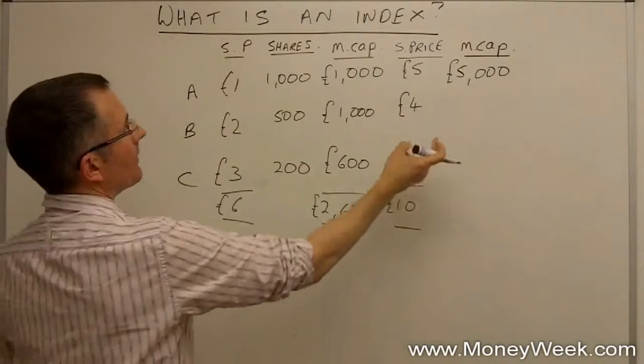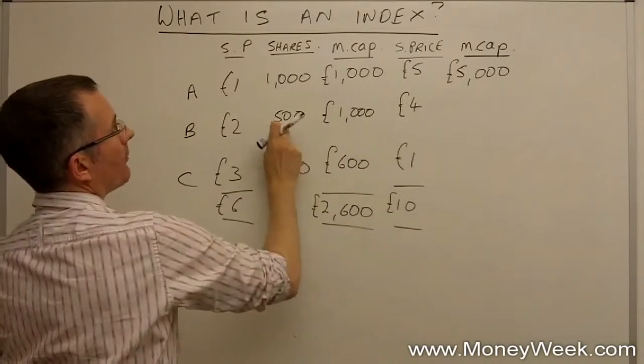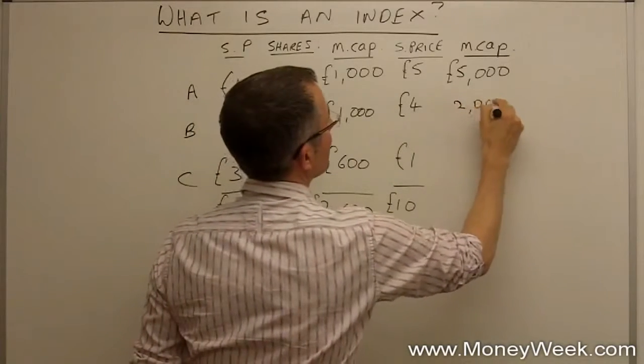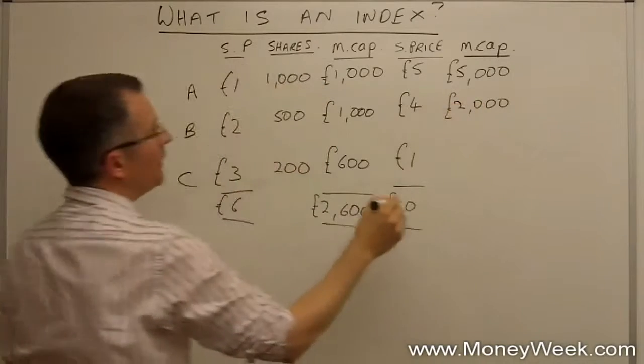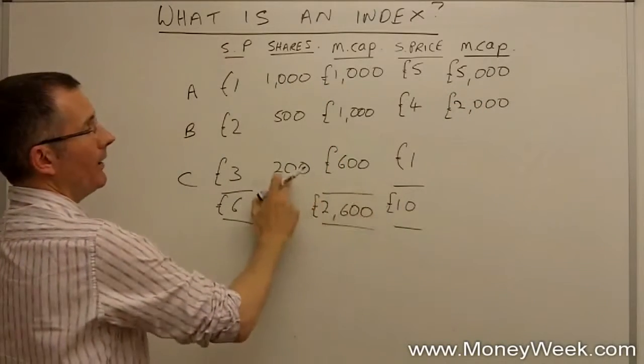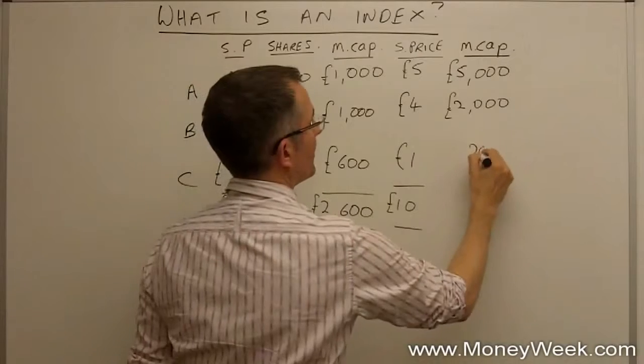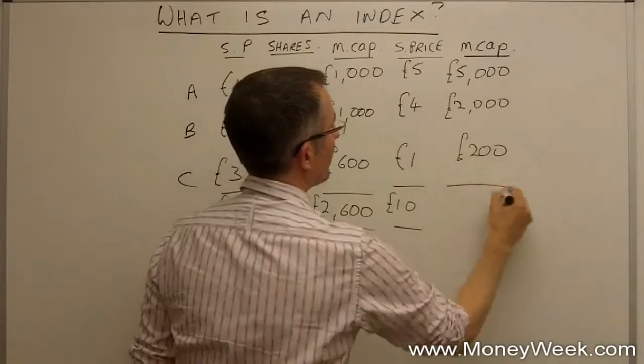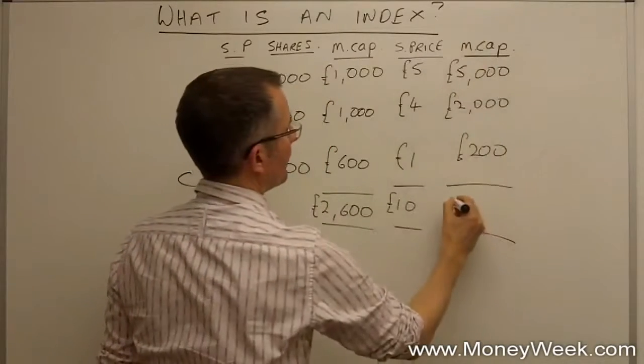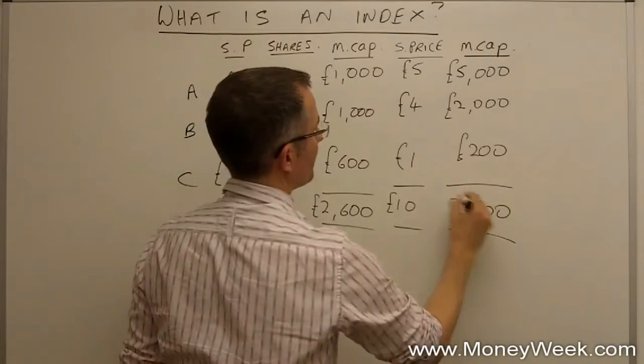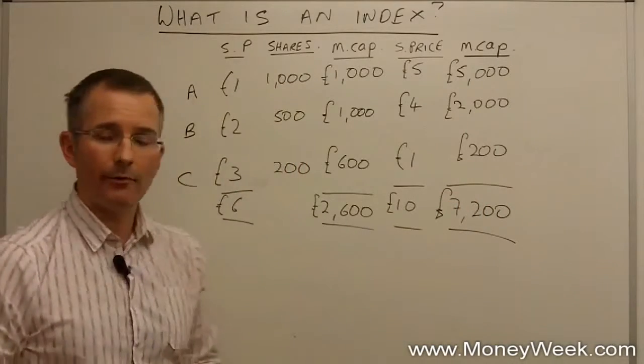New market capitalisation for Company B, 4 times 500, so that's £2,000. And the new market capitalisation for Company C, £200. Combine those, and it's £7,200.